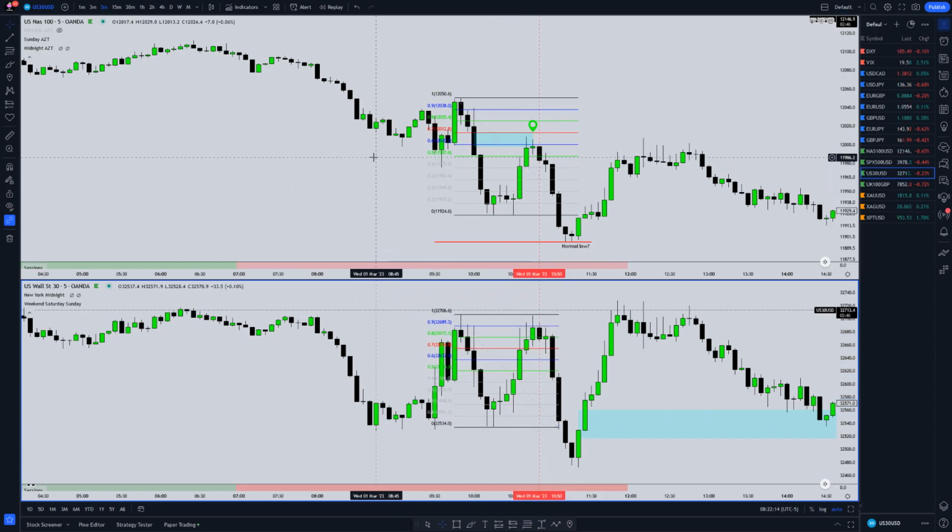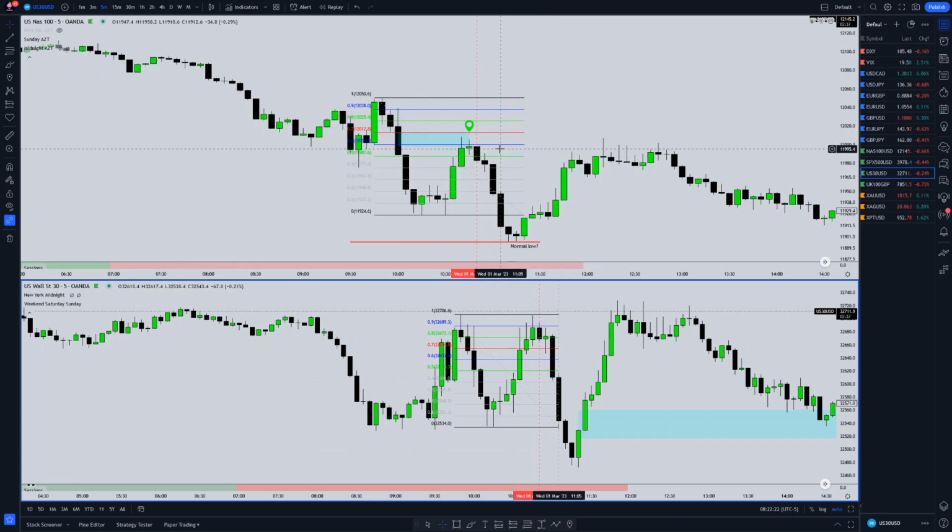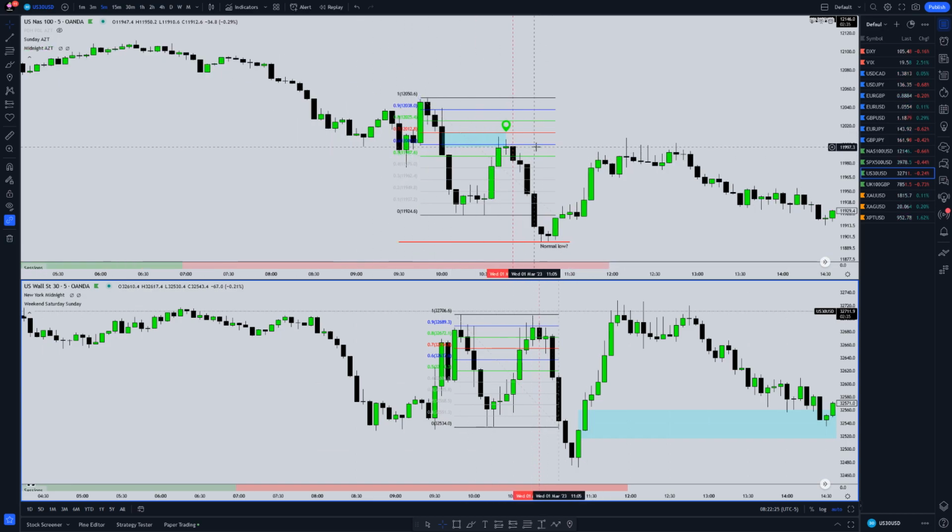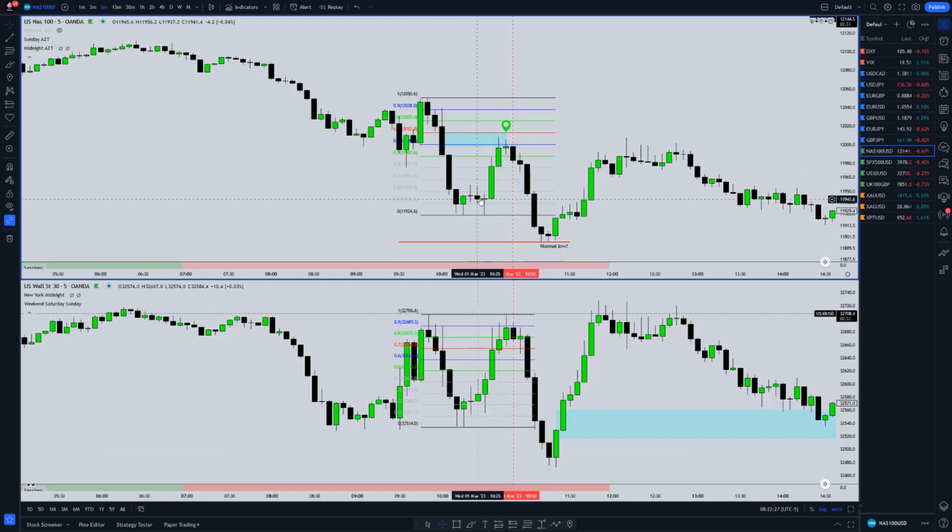So how deep does NASDAQ retrace? It doesn't retrace as much as the Dow. It goes up to the blue. I like to make my fibs in tenths, so it's easy to compare.